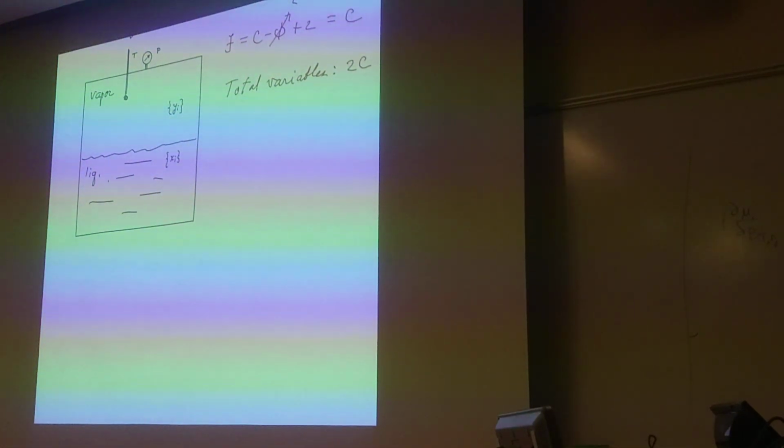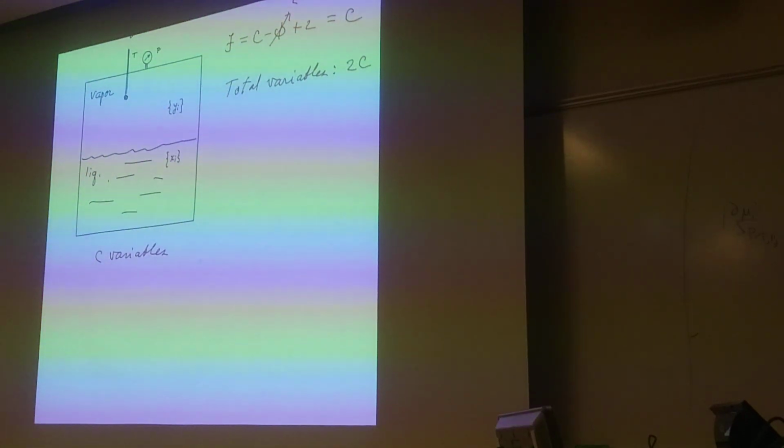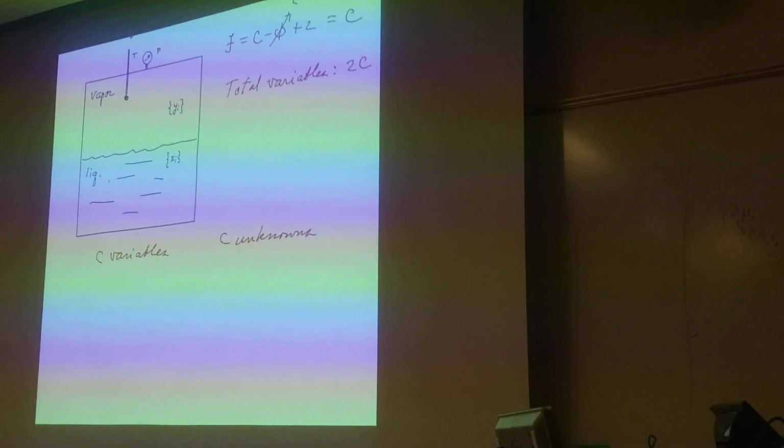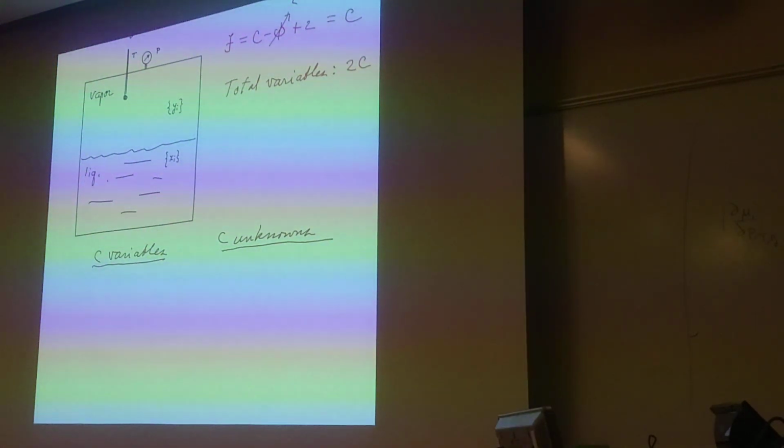We're going to have C variables that are fixed to fix the state of the system, and then C unknowns that we can presumably solve for. Now, the actual problem can be in a number of different formats, but I'm going to list here the most typical ones and then make some comments about that.